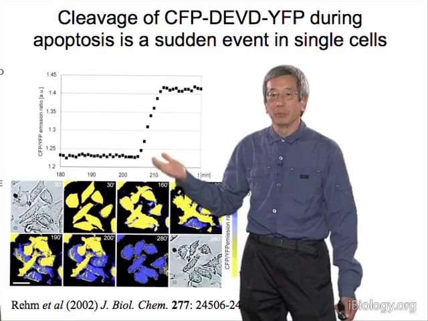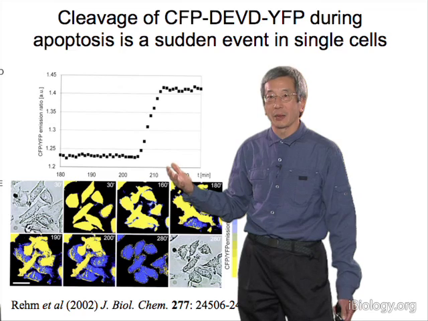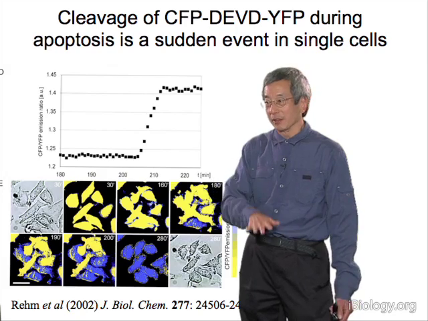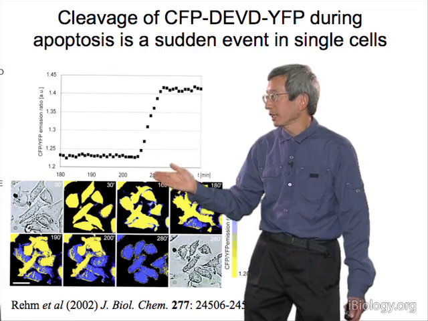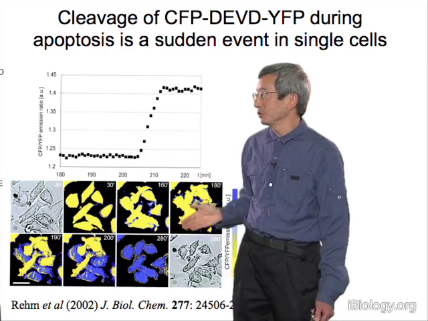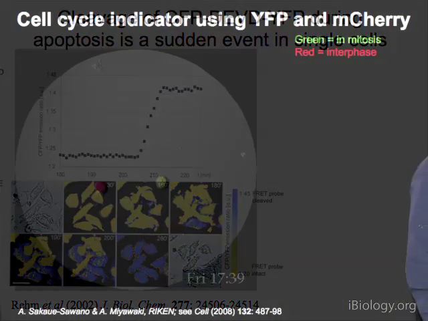And when you look at millions of cells, they each do their transition at a different time. So in the population, the transition between not active and active caspase takes hours. But when you can watch it in single cells, you see that every cell does it in a few minutes, but that different cells do it at different times, and that's what generates the spread of times.